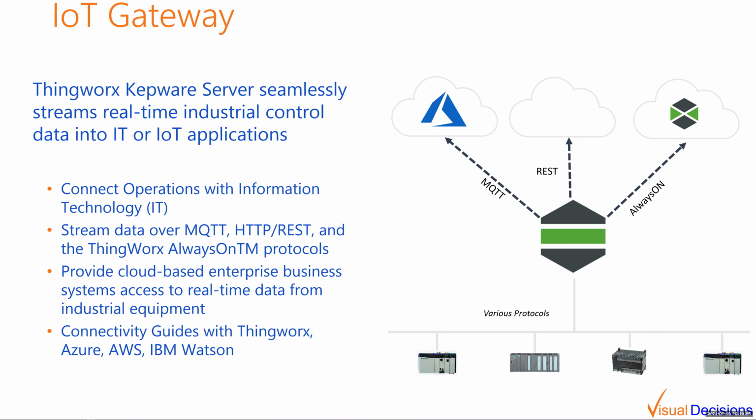Some of the other additional functionalities that are available are the IoT gateway. This provides the ability to stream industrial control data into IT or IoT applications. And you can do that through MQTT, REST applications, the ThingWorx Always On, and so forth.